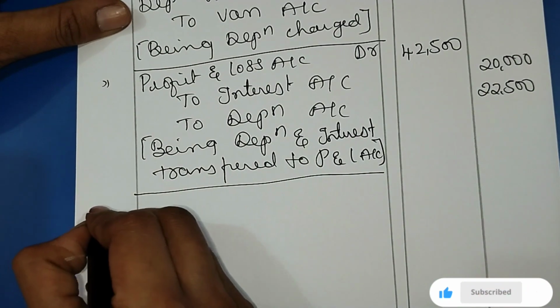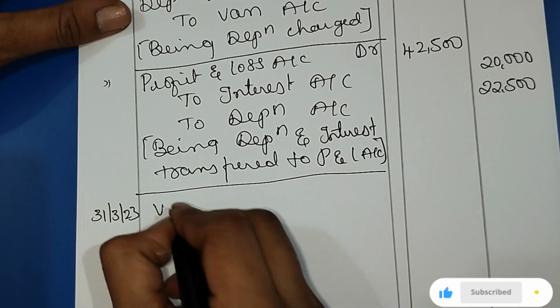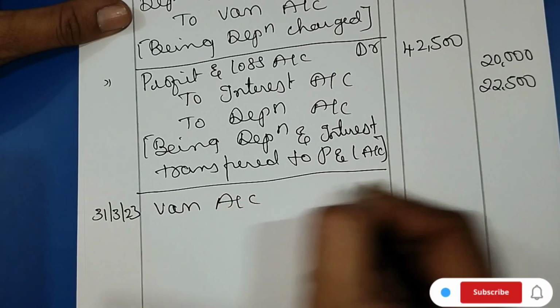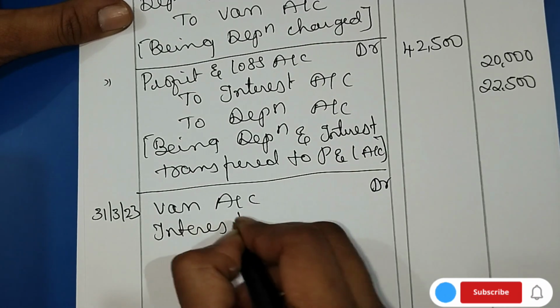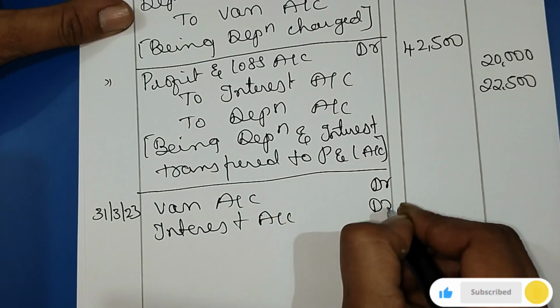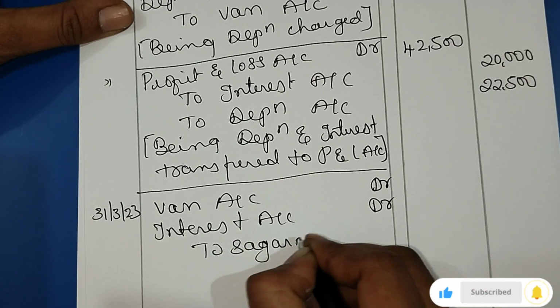Now the last year entry. The first entry is on 31st March 2023, the installment due entry. Van account we are debiting, interest account also we are debiting, to Sagar Motors account.